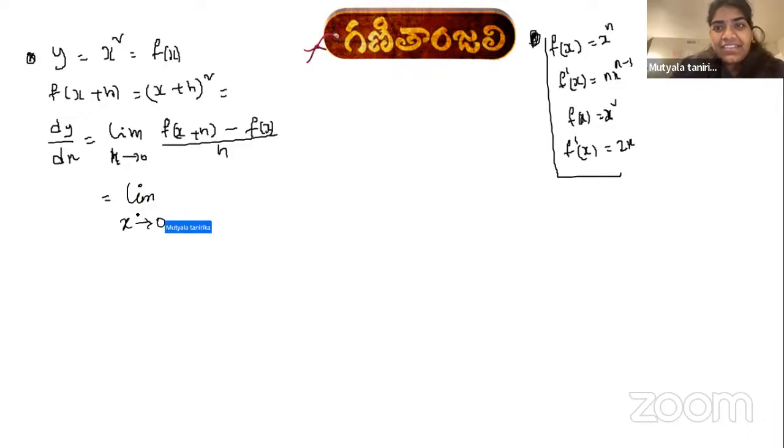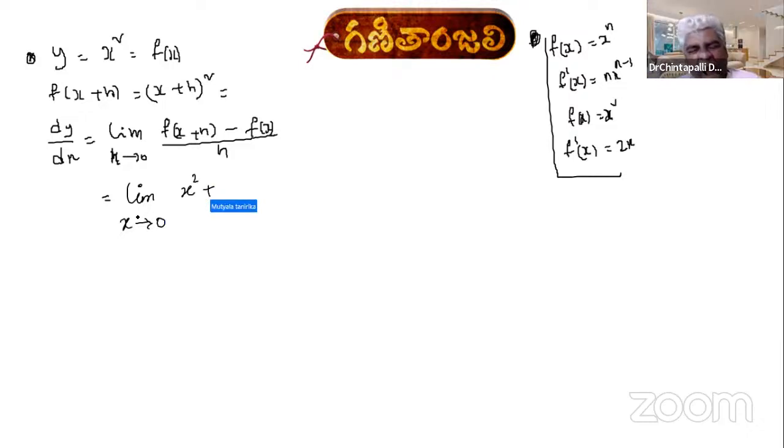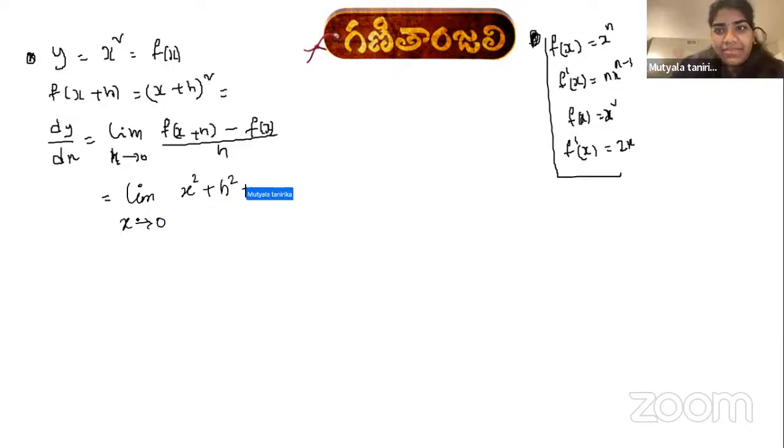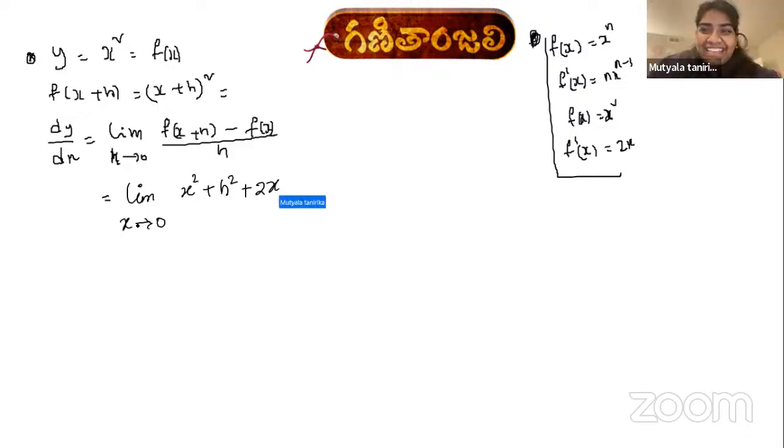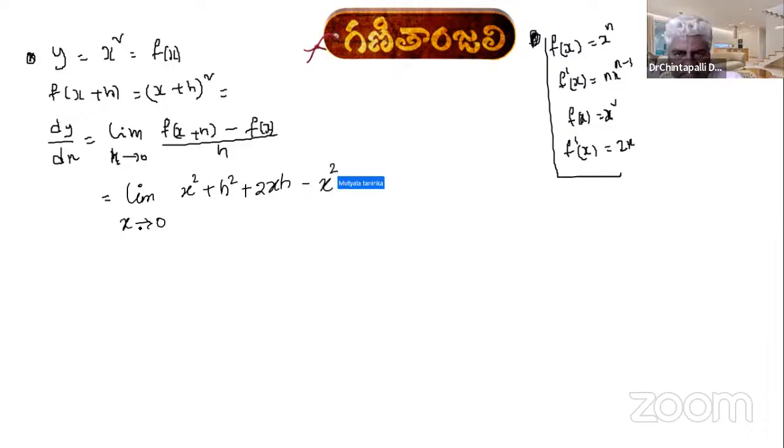Limit h tends to 0, x square plus h square plus 2xh minus x square by h.